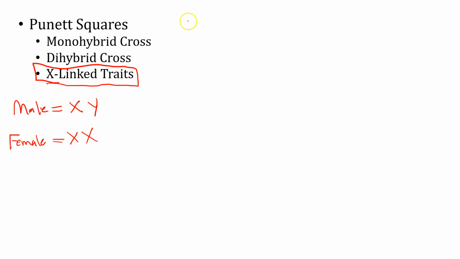Okay, so let's say that there's some mutation on the X chromosome that causes color blindness. I think this is a real scenario, actually, though I don't remember exactly the specifics.